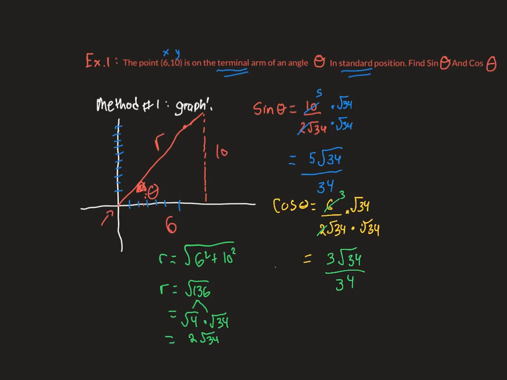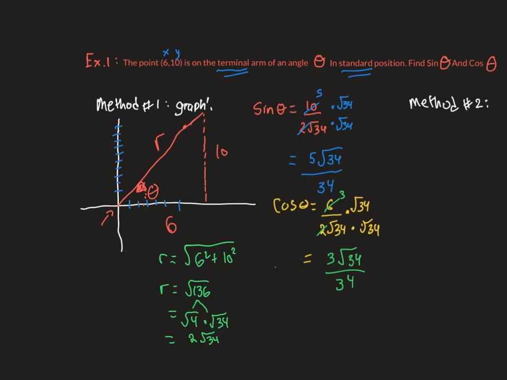Second method is quite smaller. Second method is just basically skipping to this step right here, because we learned before what r should be. So we're going to use our identity.